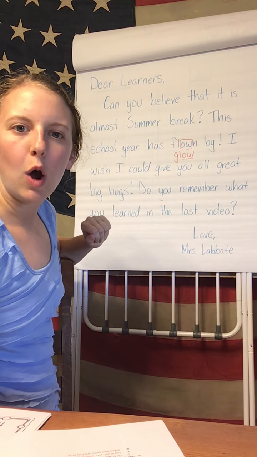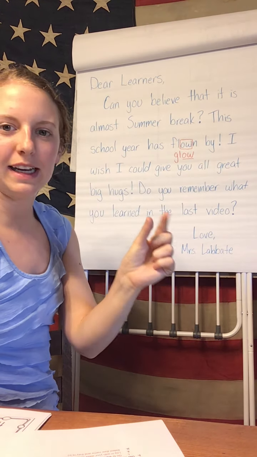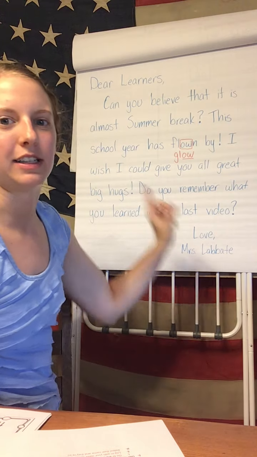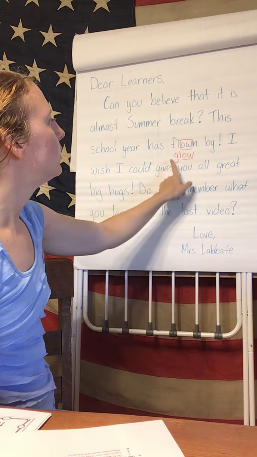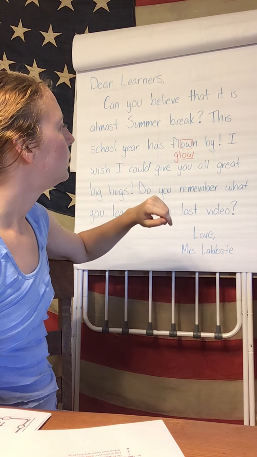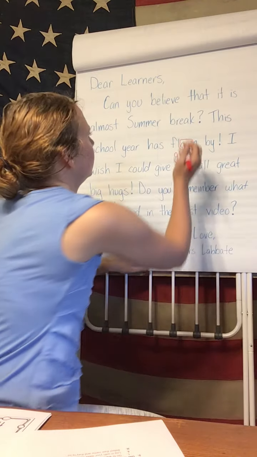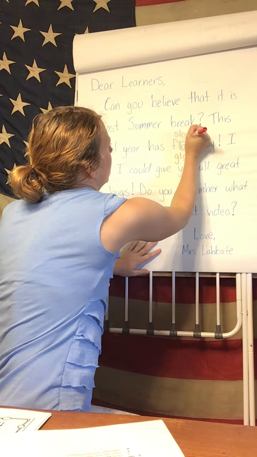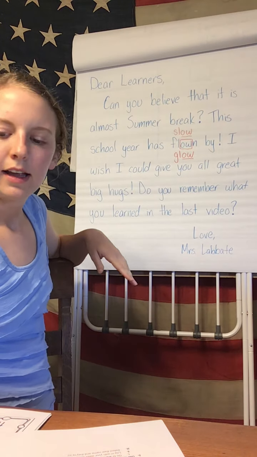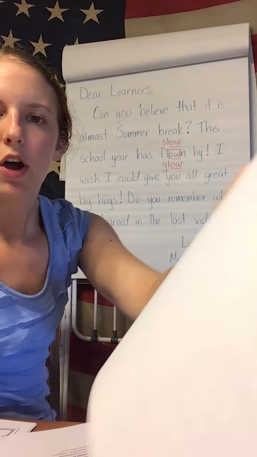What else has that O sound? Now notice our O-W is working together to make that O sound. It's not just an O making that O sound. So we have flown, glow, we could do slow, has that O-W. So on a piece of paper, I want you to think of other words that have an O-W.